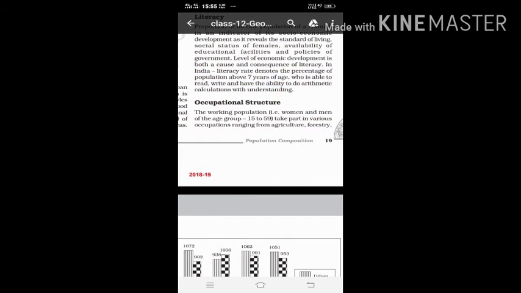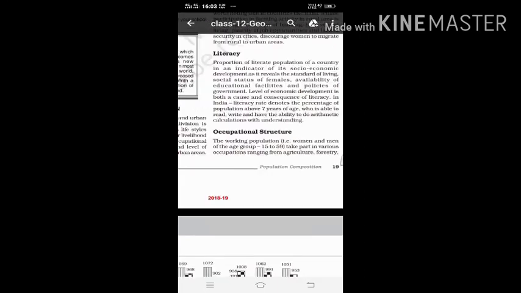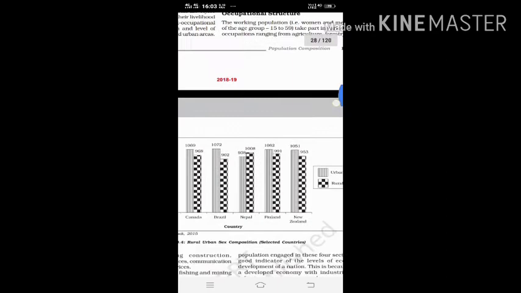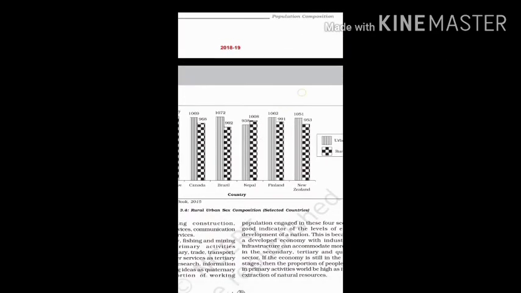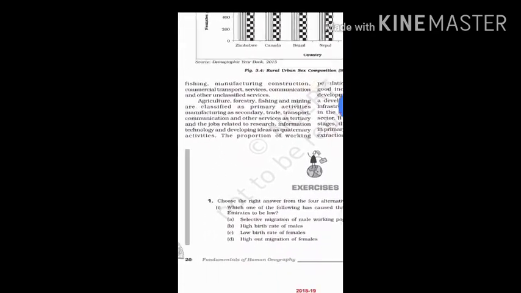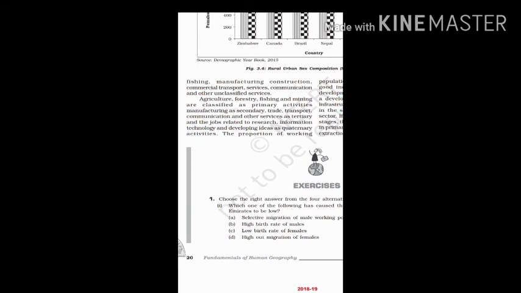So the last topic is occupation structure. See, the working population, that is from 15 to 59 years, take part in various occupations, and our occupation structure is divided into 4 parts, that is primary, secondary, tertiary, and quaternary activities. Primary activities deal with agricultural work. Secondary activities deal with manufacturing.